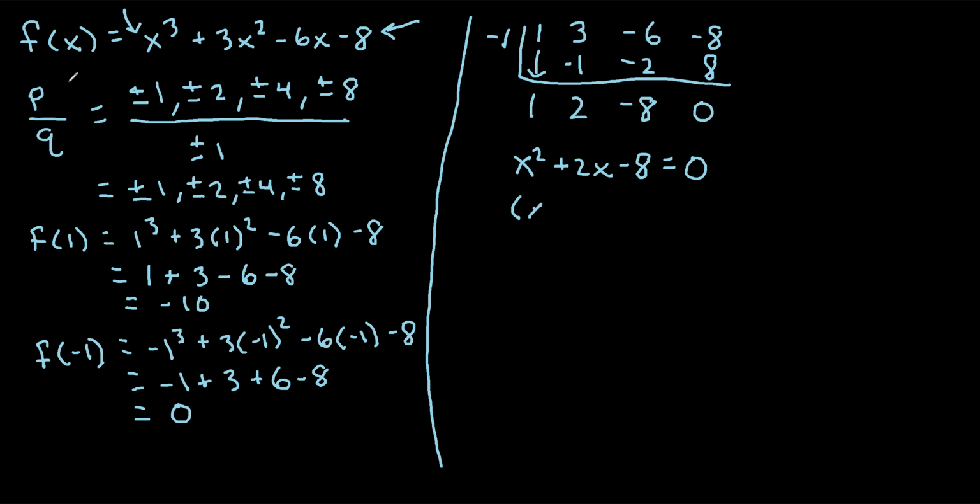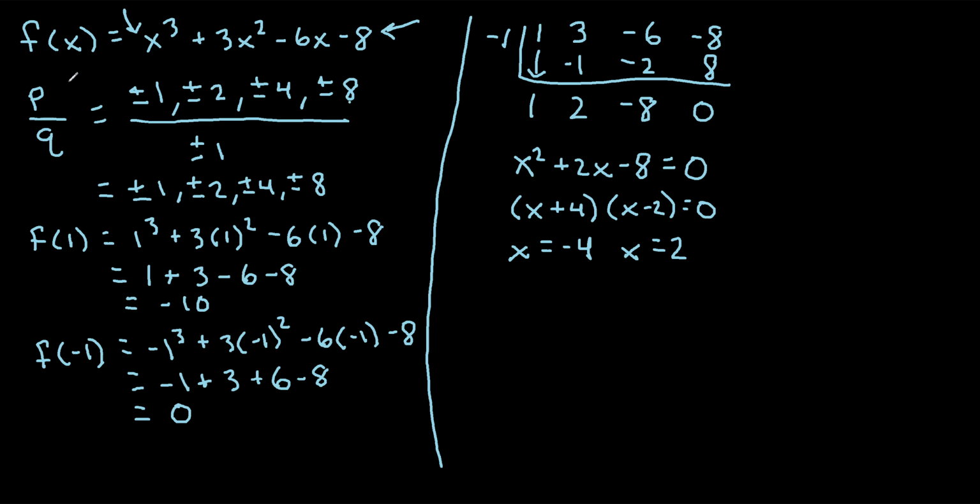That would be positive 4 and -2, so x plus 4 times x minus 2. And if we set all of that equal to 0, what are the values for x that would make this equation equal to 0? Well, we can see it would just be -4 or 2. So those are our remaining zeros.